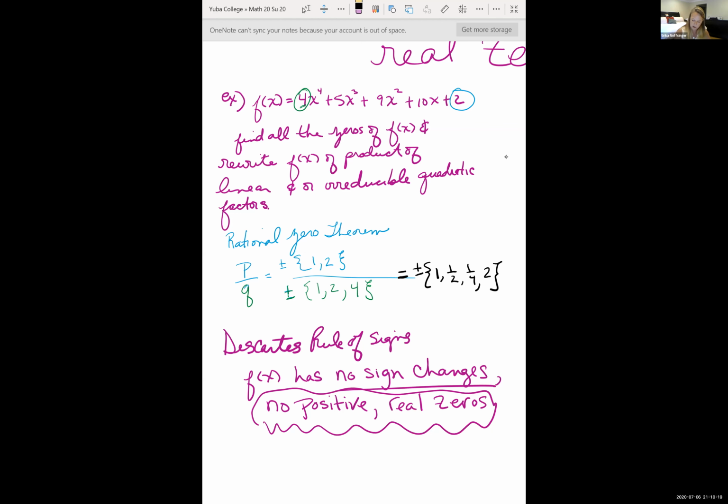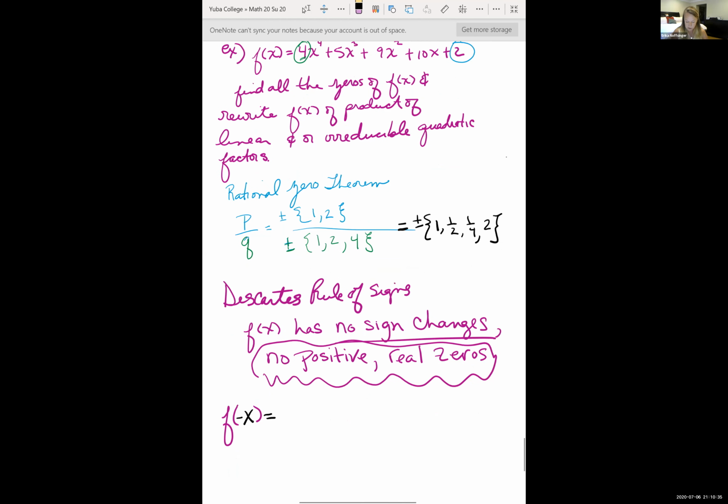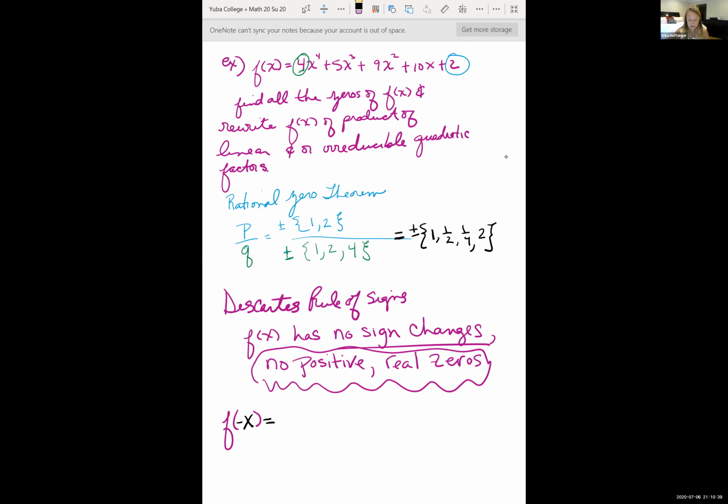So let's look at real quick f of negative x. When we plug in the negative in for x, let's also reduce it while we're doing it. So I have 4 and then a negative x all raised to the 4th. That's going to make it positive. So this is just 4x to the 4th.